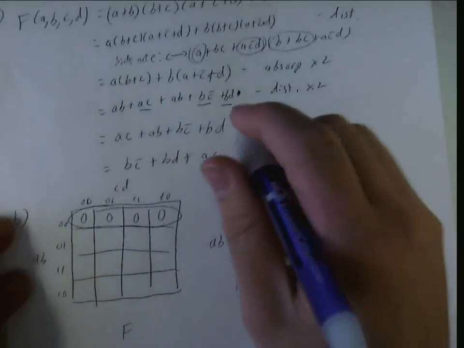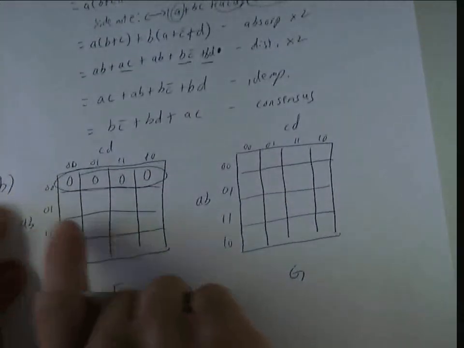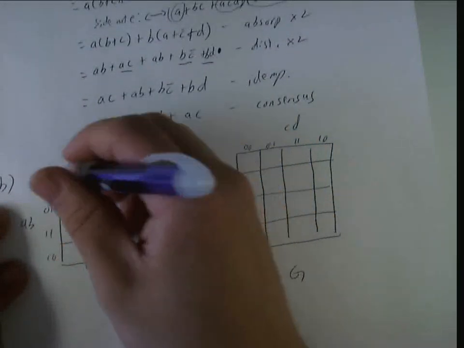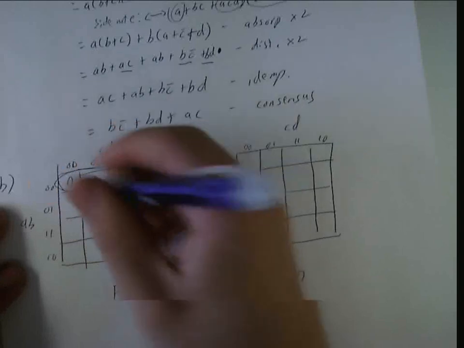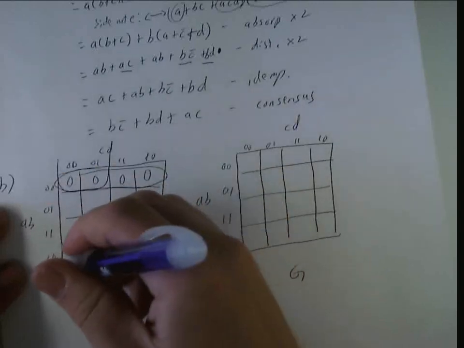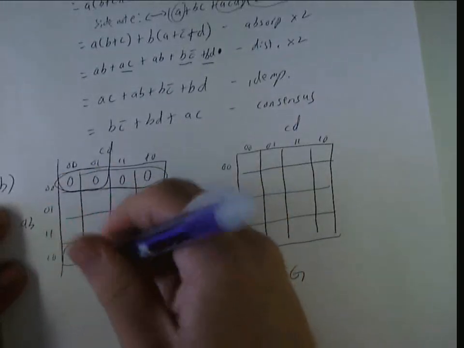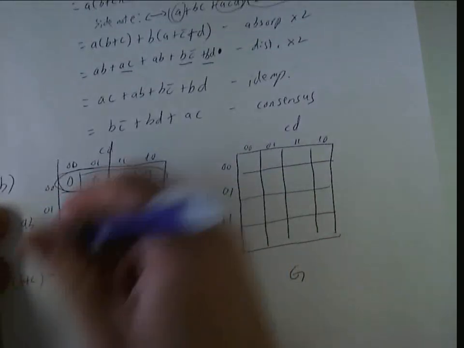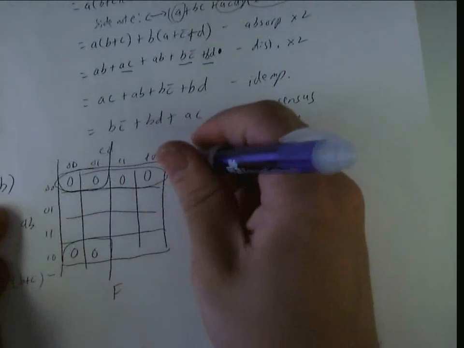B or C. So that's going to be when B is 0 and C is 0. So that's going to be 0 and 0. So this is B or C. This one is A or B.